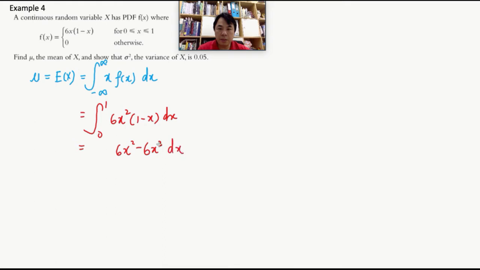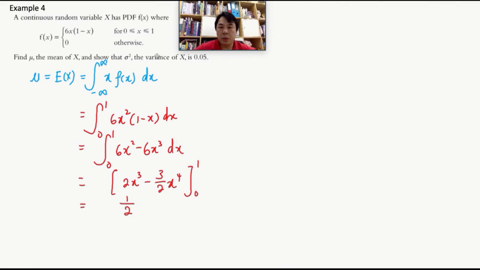That is x cubed, and then that will be 2x cubed over 3, and then that will be x to the 4 over 4, and then integrate that from 0 to 1. Okay. Now that is quite easy to work with. It must be a half. Yeah. Okay. I hope that's clear. So the mean or the expected value for x is a half.